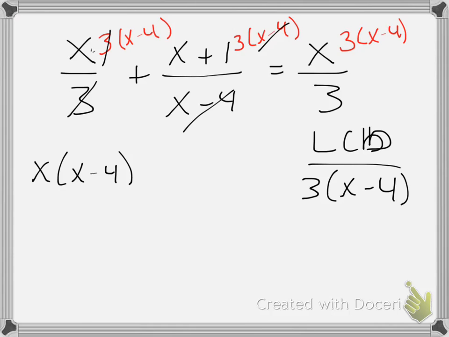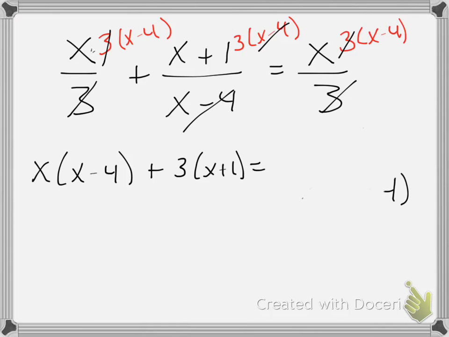Here my x minus 4's would cancel, plus 3 times x plus 1. And notice there are no denominators. That's our whole goal with solving rationals.